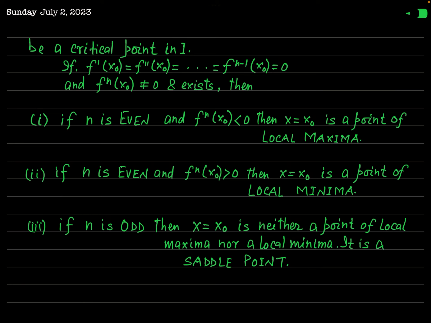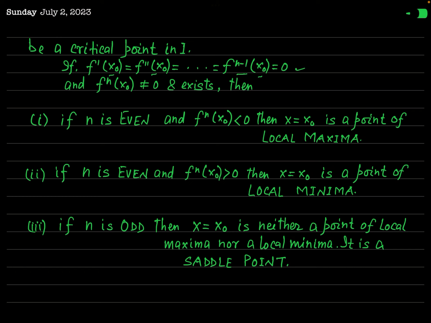Now after getting the value of the critical point, let us put x equal to x naught in the first derivative, that is, evaluate f dash of x naught, f double dash of x naught, and in a similar manner obtain the n minus 1th order derivative at the point x naught, and let us say that all these are equal to 0.